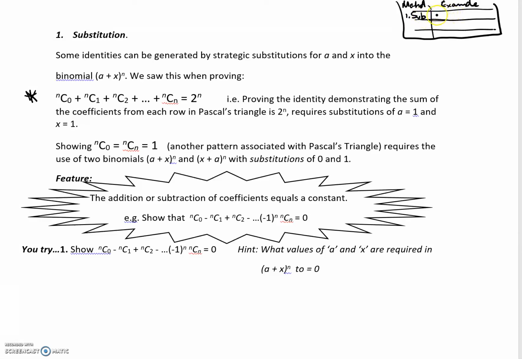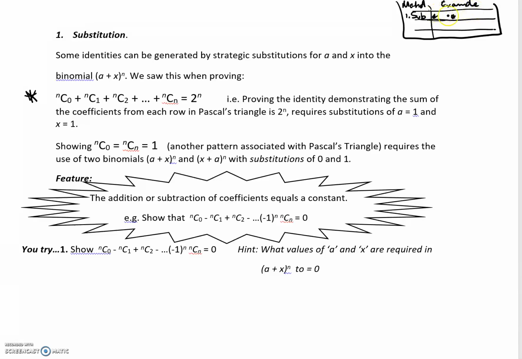Every time you do a question and the identity you're showing and proving is done by a substitution method, I strongly suggest you write the identity down in this space. The next one you do is also an identity that you have shown or proven by substitution, write it in here.